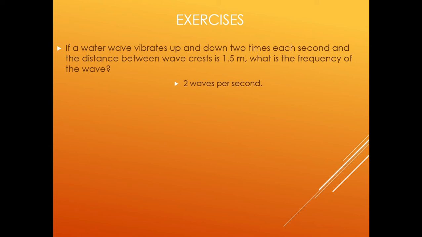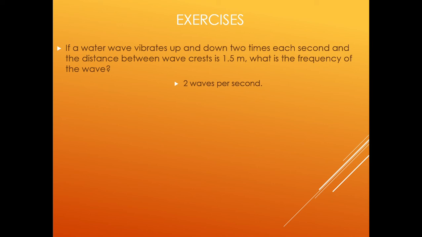What is it exactly? Remember that the frequency of a wave is the amount of oscillations that it will have during a certain time. And just like it is exemplified here, it says that the wave vibrates up and down 2 times each second. So what is the frequency? Obviously, it will be 2 waves per second.